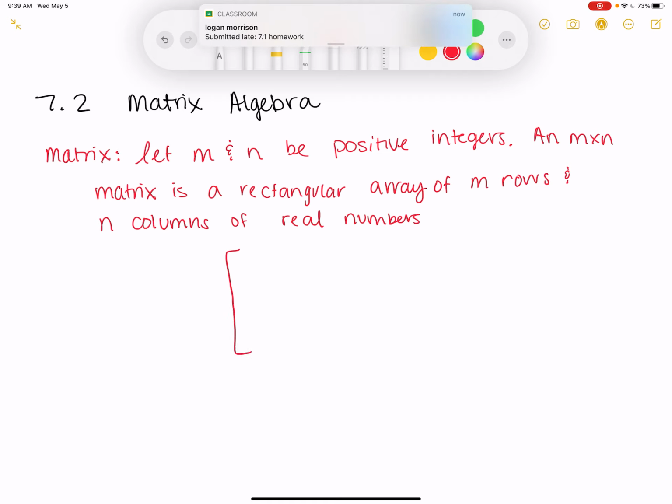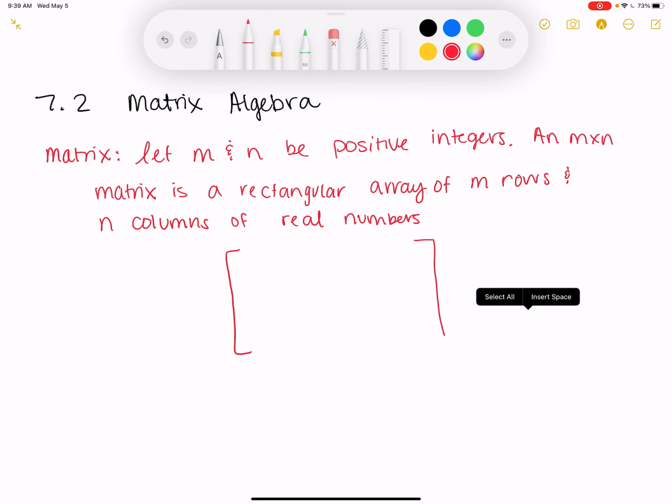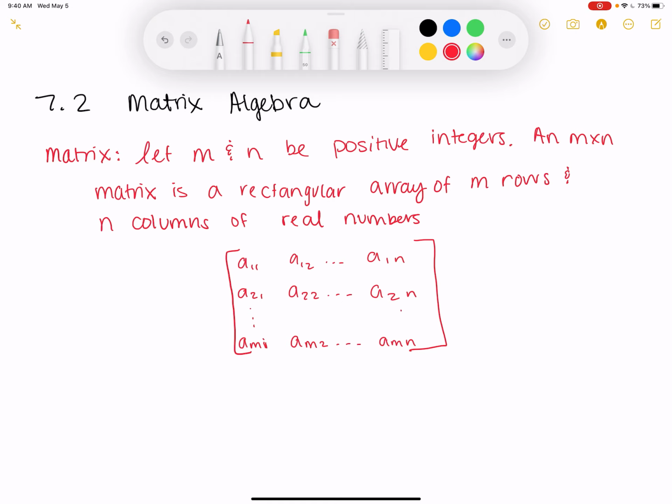And it's laid out like this. It's A11, A12, A1N going across, and then down we have A21, and then, well, we keep going across A22, A2N, and then skipping some going down, AM1, AM2, AMN.